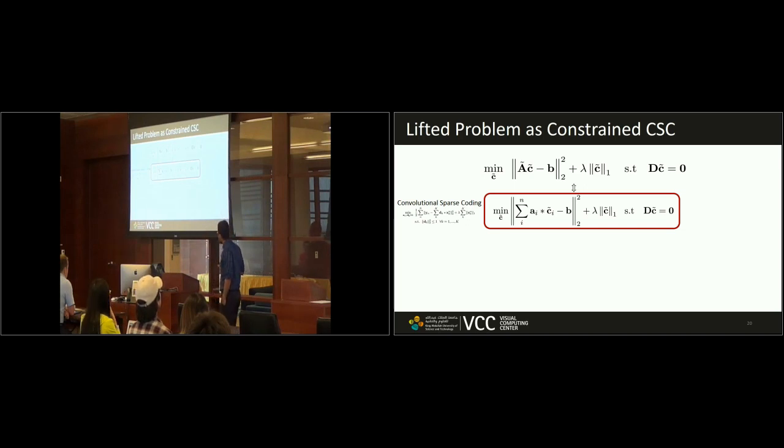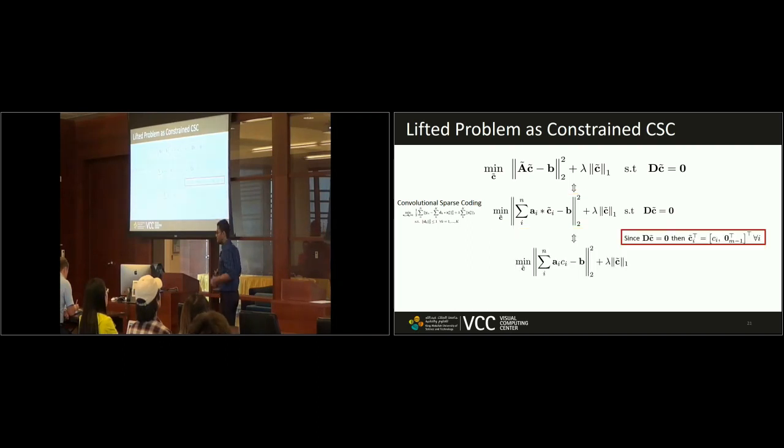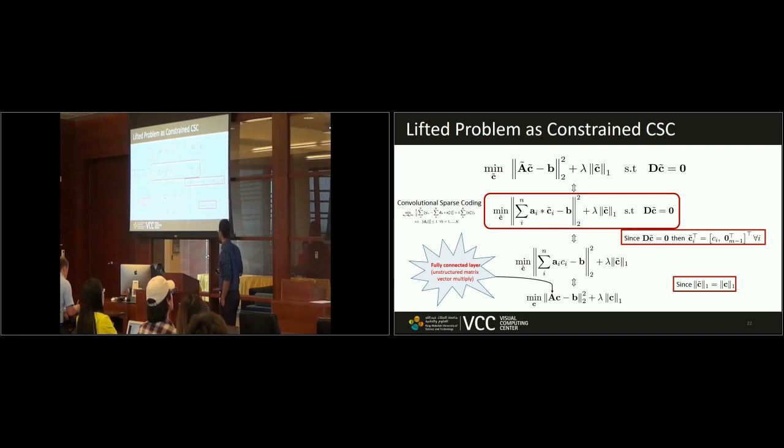But what is surprising to us is that this looks very similar to an inference step in a problem very well known in vision, which we'll talk about later, which is convolutional sparse coding. The only exceptional trick is that there are linear constraints. If you look at these linear constraints more closely, you are constraining the sparse codes to belong to the set of impulse functions. So it's like you're doing the inference step of convolutional sparse coding, but the sparse codes are not arbitrary, they are just impulse functions. So you see how you recover the original problem.